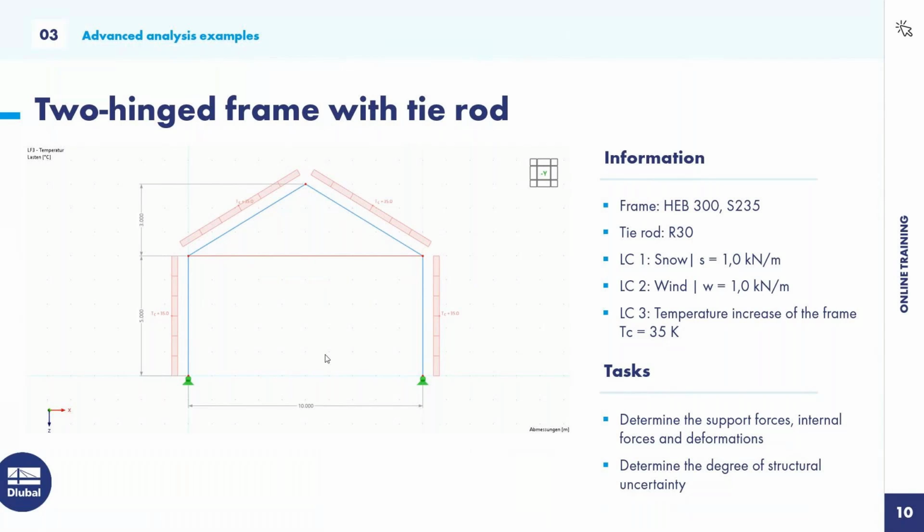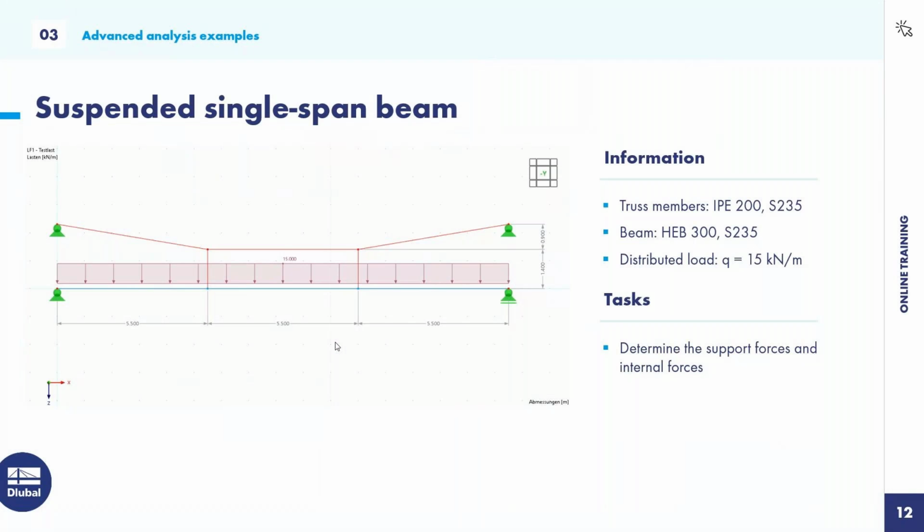Okay, so I want to go ahead with the first example after the coffee break, and that would be a suspended single span beam. Here we want to mix different types of members.